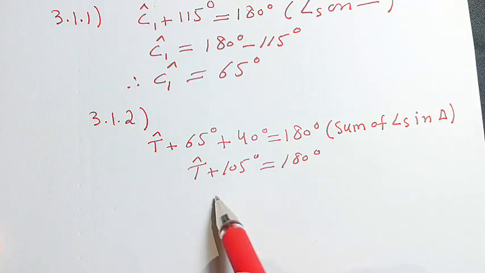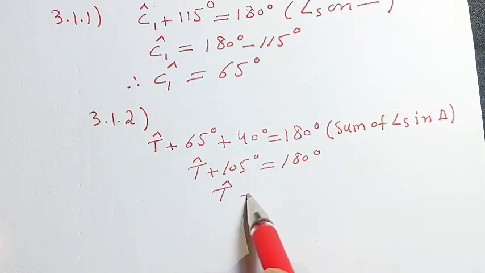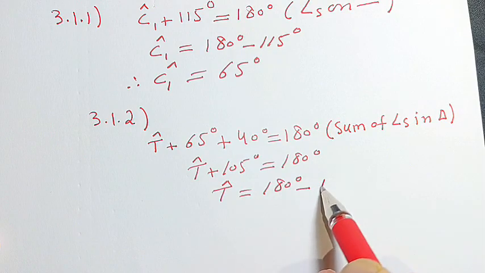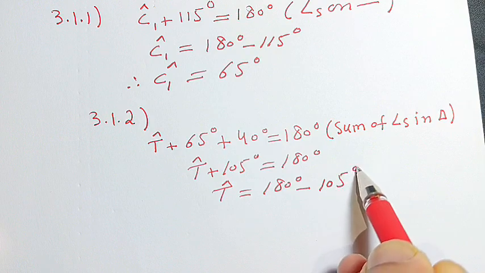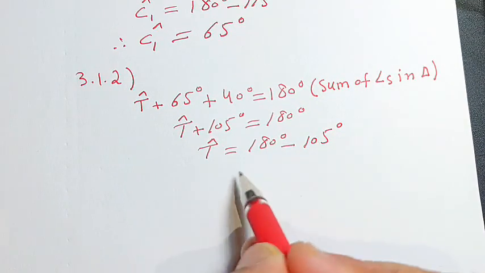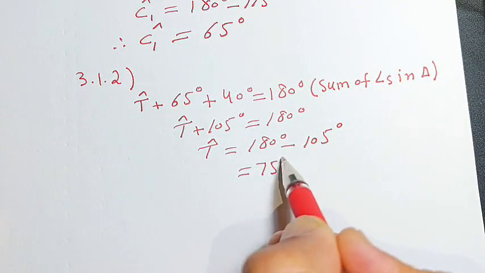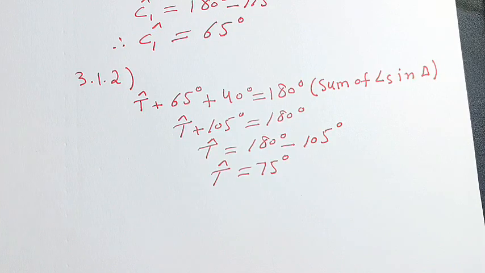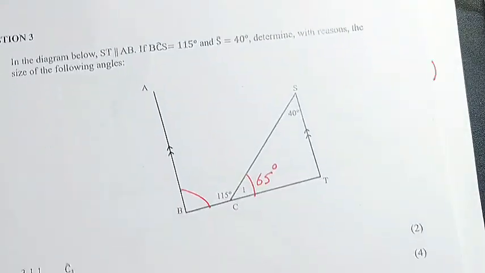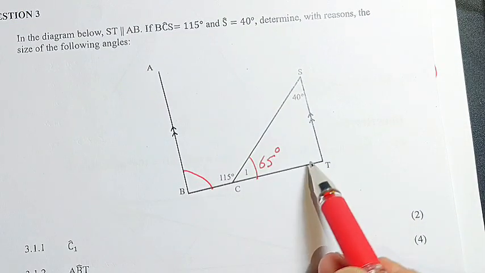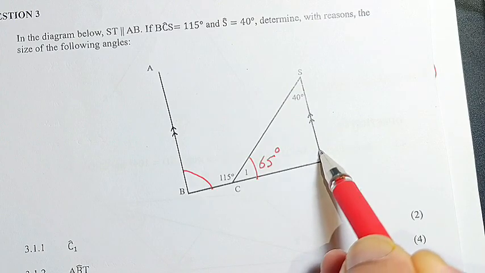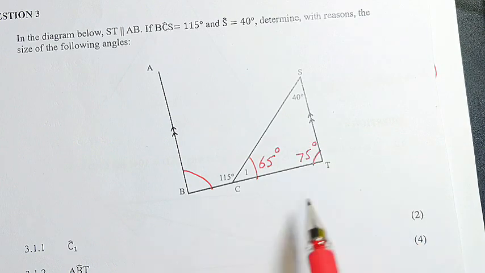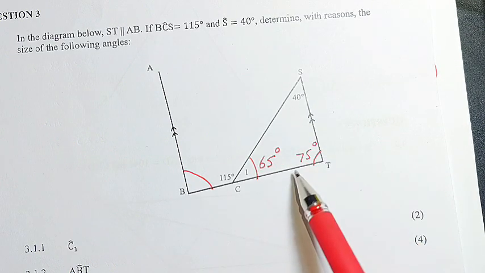Now angle T is equal to 180 degrees minus 105, I switch over, this becomes negative, so it is 75 degrees. I simplify, so the angle T is 75 degrees. Sum of angles in a triangle I used.